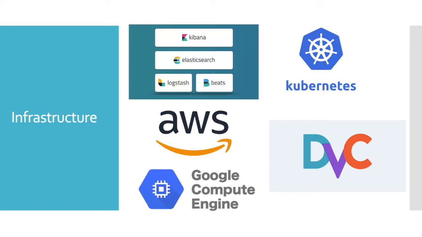AWS, Google Compute Engine, and other similar platforms are great for cloud compute, where you can train your heavier models efficiently. Kubernetes is a platform for easy development and scaling of your systems. And DVC is a tool for data versioning so that if you have multiple people training models, they can be synchronized on the data they are using and version that data as it changes.